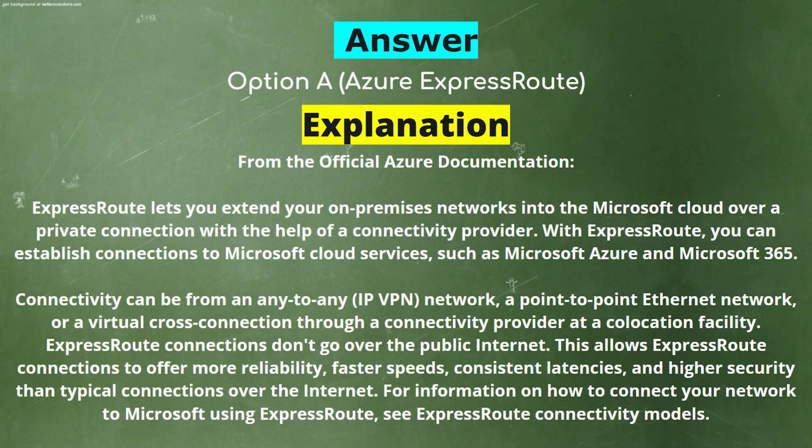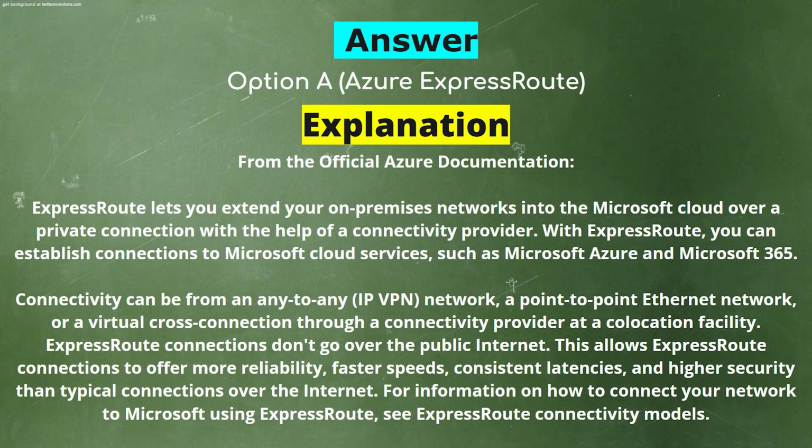With ExpressRoute, you can establish connections to Microsoft Cloud services such as Microsoft Azure and Microsoft 365. Connectivity can be from an any-to-any IP VPN network, a point-to-point Ethernet network, or a virtual cross-connection through a connectivity provider at a colocation facility.